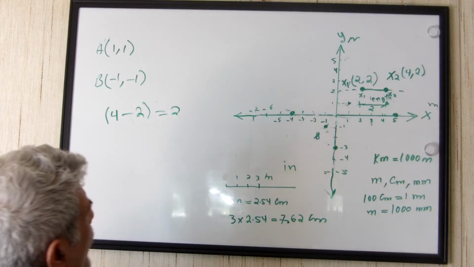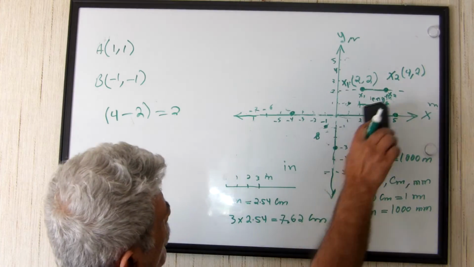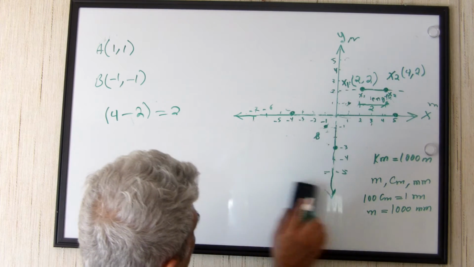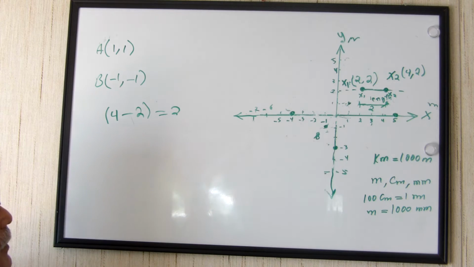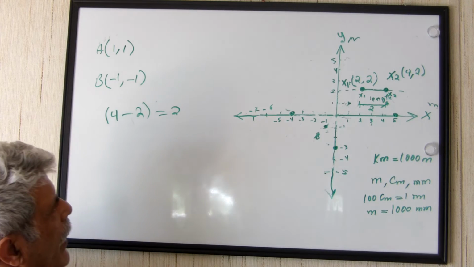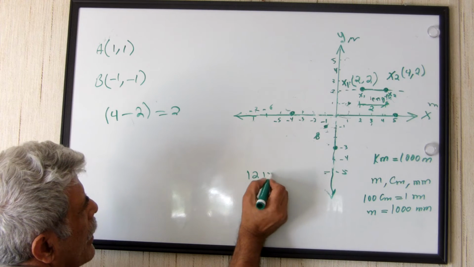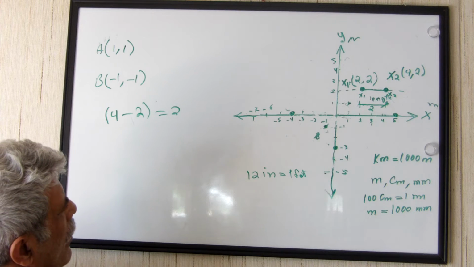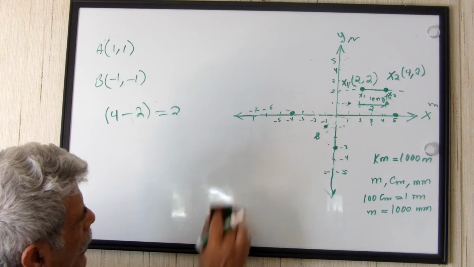So I was going to say this 2 could be anything: feet, inches. Like 12 inches make 1 foot, or yards.